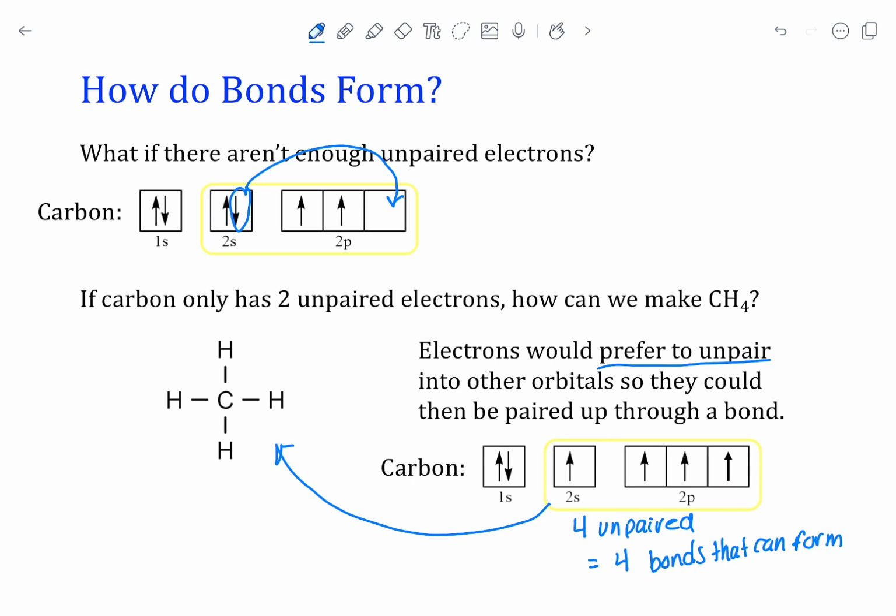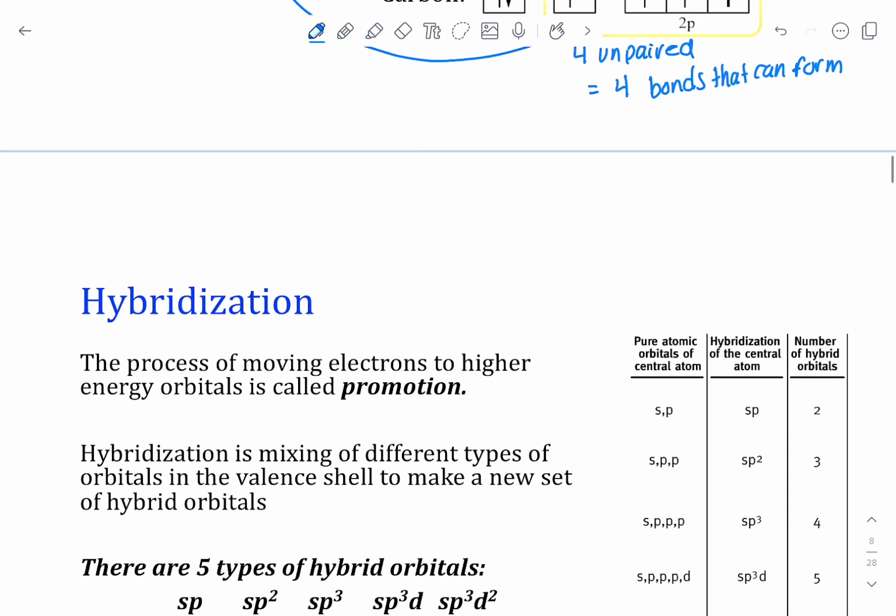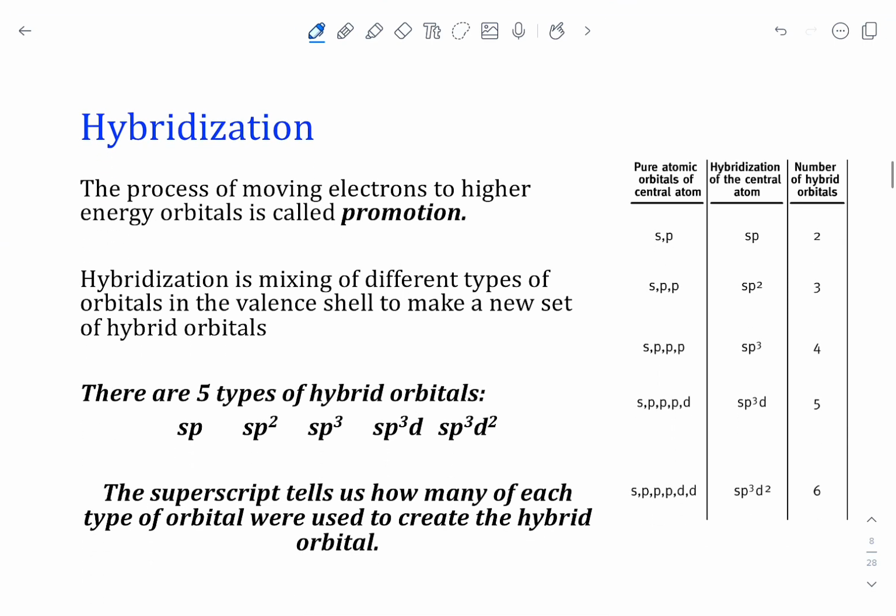This right here, this changing of the electrons, is the basis of valence bond theory. Okay, so overall, this is called the process of hybridization. And the specific process of moving electrons to higher energy orbitals is called promotion.